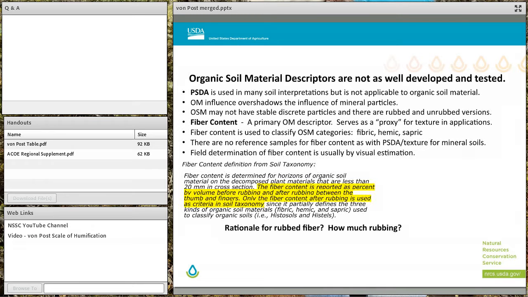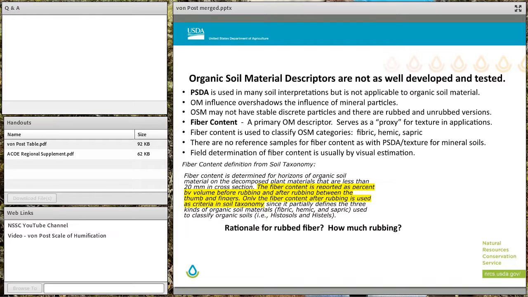For organic soils, the system of describing them is not as well developed. USDA, for example, is one of the major things that's used in interpretations for mineral soils. A lot of your interpretations, physical, chemical even, use PSDA. For organic soils, that's not an option.